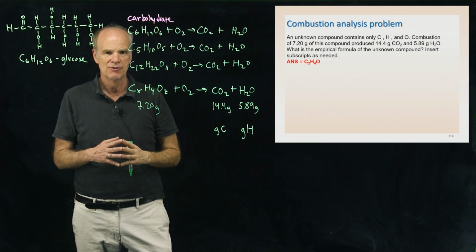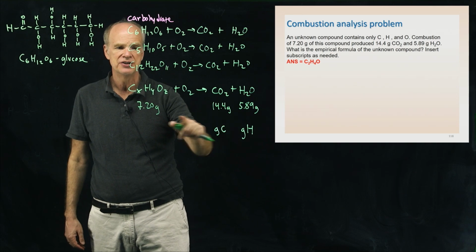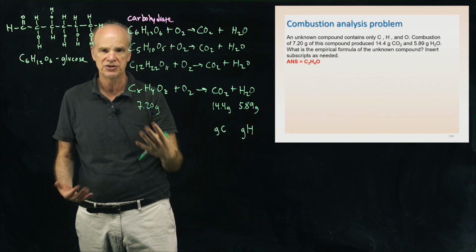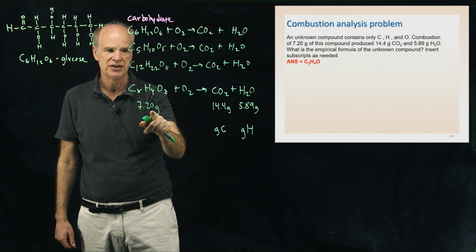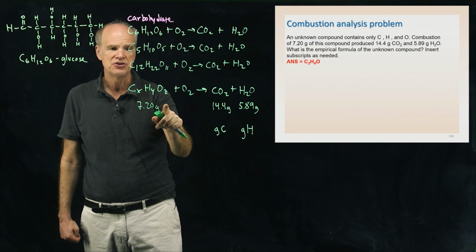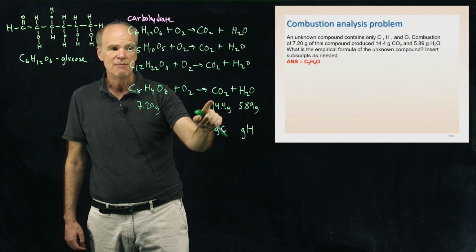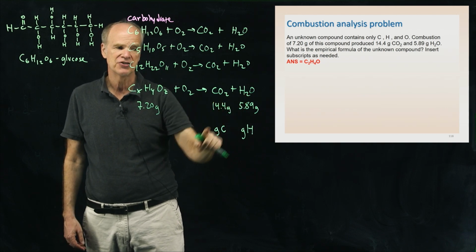So in this problem, this is what's going on. They are telling you that you have some kind of carbohydrate that has some particular formula, and they tell you the mass of the carbohydrate, and then they tell you it combusts with oxygen, and they tell you the masses of the 2 products that you get, carbon dioxide and water.